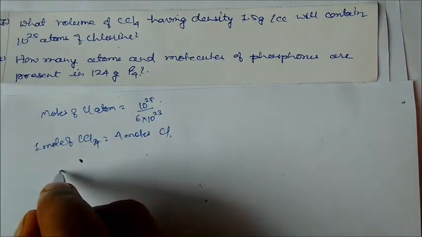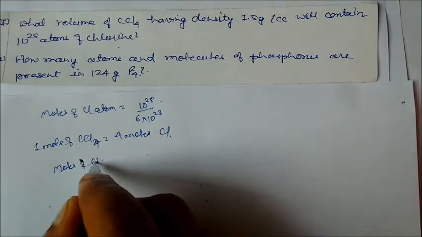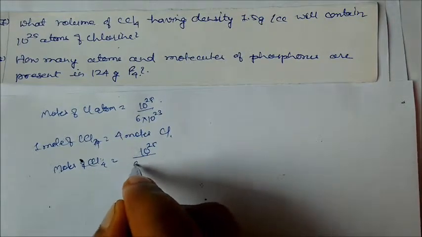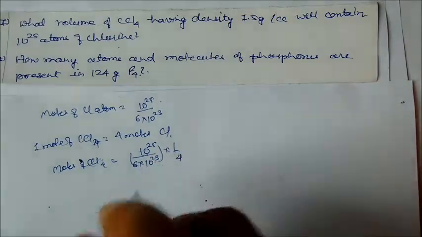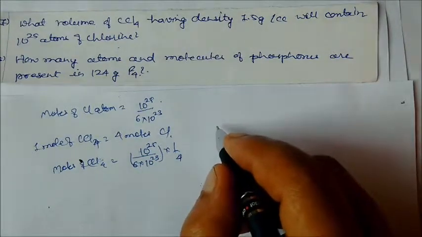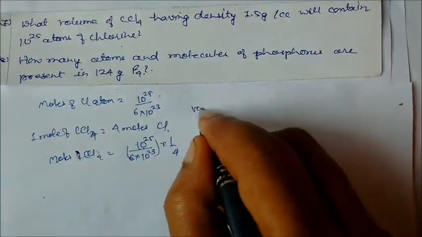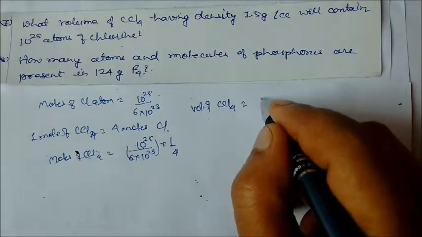So we can write here, moles of CCl4 will be how much? 10 to the power 25 divided by 6 into 10 to the power 23 into 1 by 4. So now we have to find the volume of CCl4. Volume of CCl4 will be mass by density.